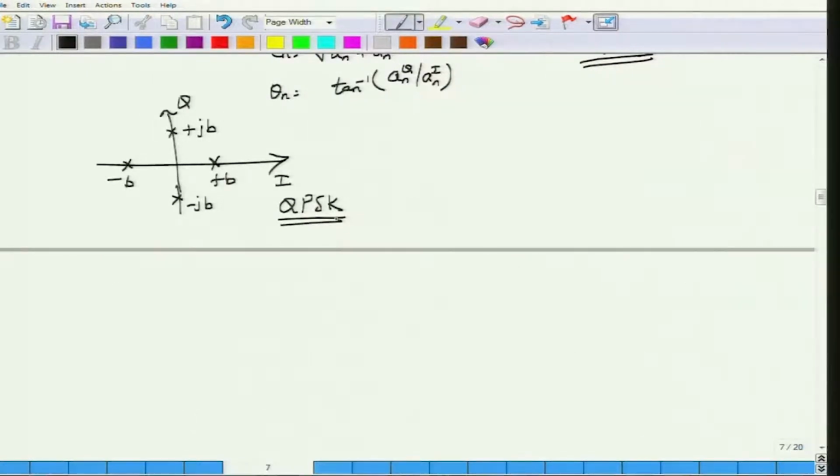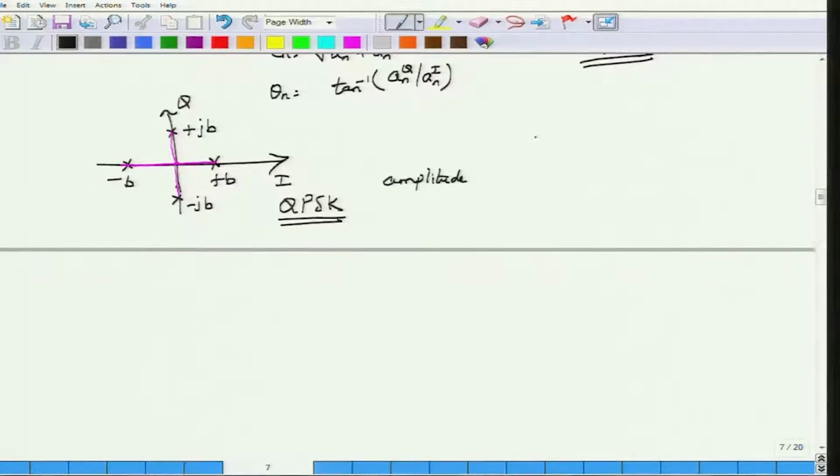Why is it called phase shift keying? Because the amplitude here is constant. All these points are at the same distance from the origin. Furthermore, the way in which you have to choose this B is not arbitrary. There is actually a relationship between this amplitude B and the energy of the signal.